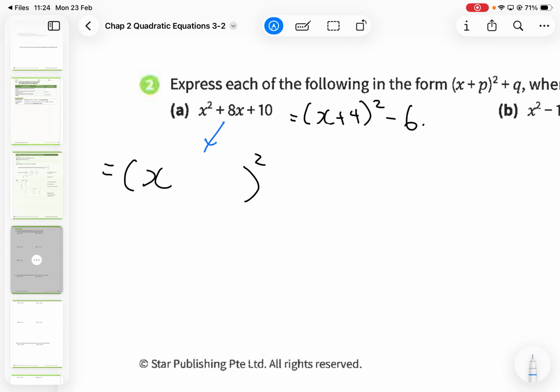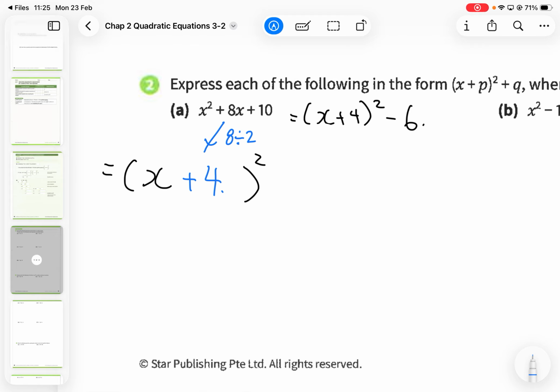I just take the 8 and divide 8 by 2. Then I will be able to write down plus 4. It's the shortcut of what I did just now. I just always take this, divide by 2, and I will get this.